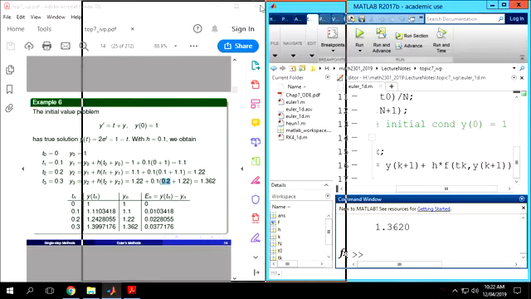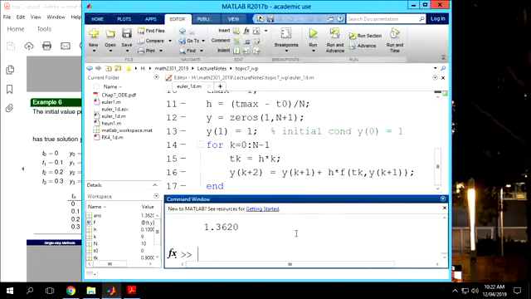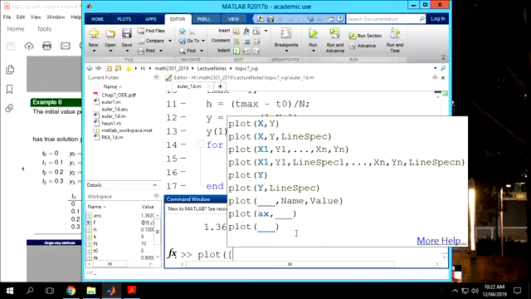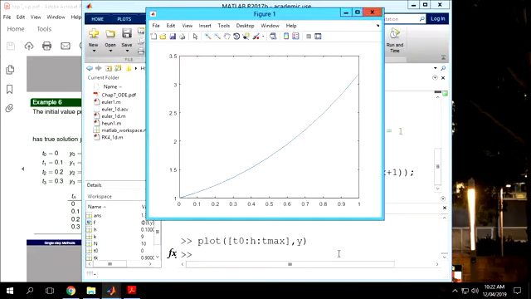And now I can plot my solution. So plot, now my t will run from t0 to t max, and then you have y, the vector y. So this one is your numerical solution. You just connect the dots.